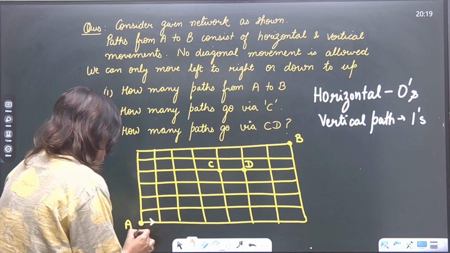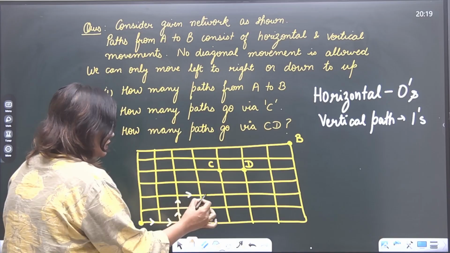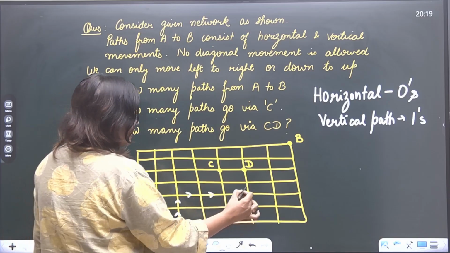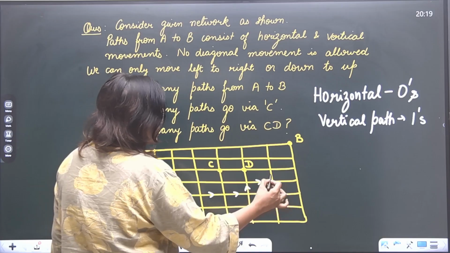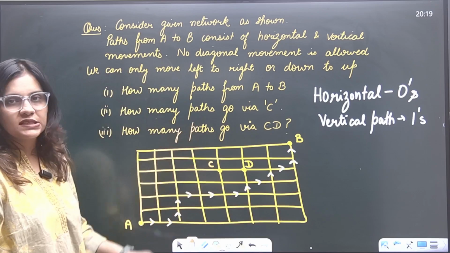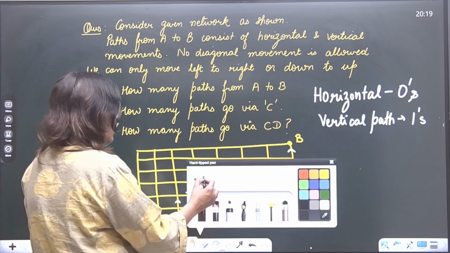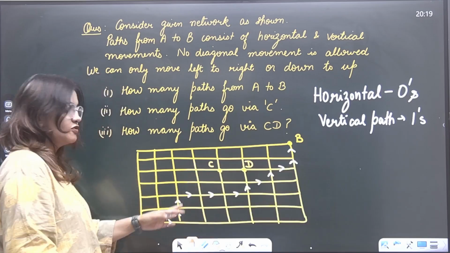For example, we move here, then here, then here, this side, this side, this side, then up, then this side, then up, this side, up, up. For example, if we follow this path from A to B, this is a sample path, okay? So how will you write the binary sequence of this path?